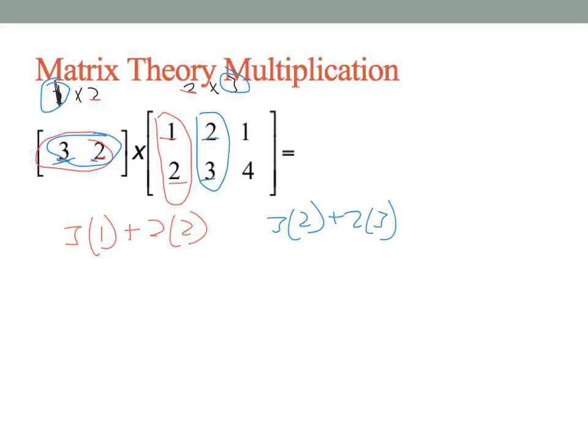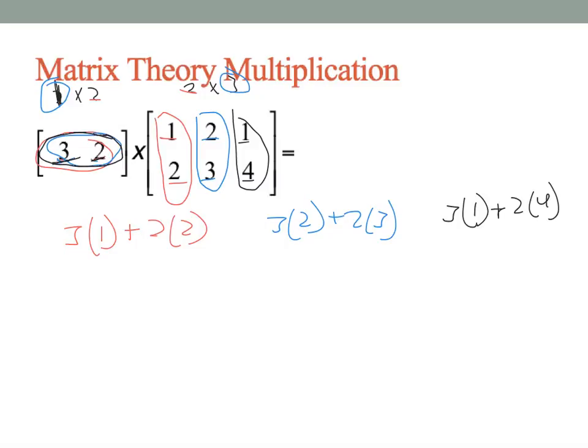And yeah, I'm sure if we'd picked more diverse numbers, this would probably be a little easier to follow. And then for the last one, we're doing, once again, this row times this third column. And that's going to go way over here on the right. So we're going to do 3 times 1 plus 2 times 4.